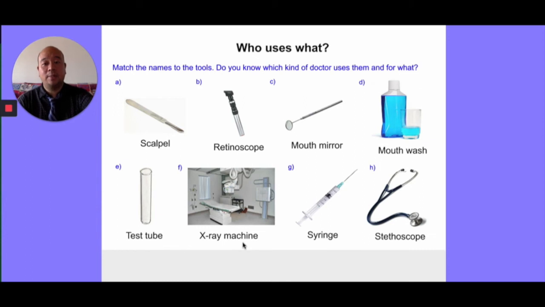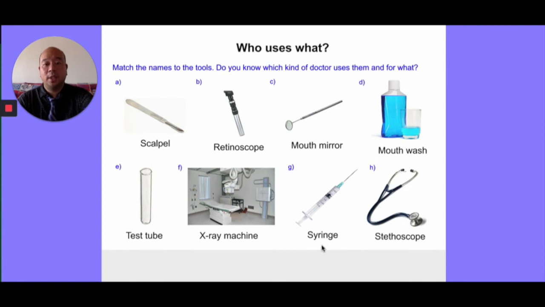Next is the X-ray machine. So we know that the X-ray machine is used to look inside your body, right? Usually it's used to look at your bone structure to see whether there are any breaks, but sometimes it can also be used to look inside your chest, maybe your lungs as well, to try and detect if there's any kind of infection.